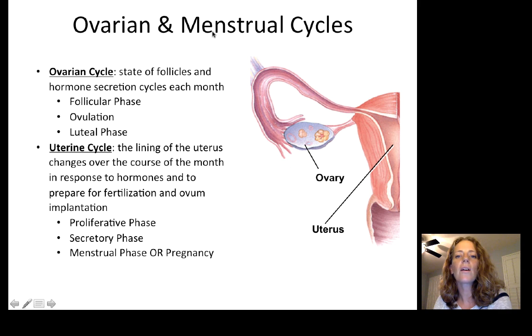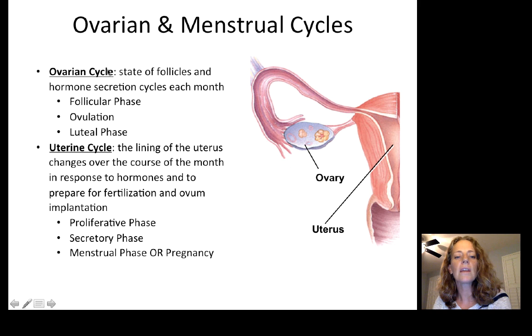So now let's talk about how the ovarian cycle and the cycle of the uterus work together. The ovarian cycle is what we just did. That is the state of the follicles and the hormone secretion cycles every month. But we're going to more carefully look at each of those stages.